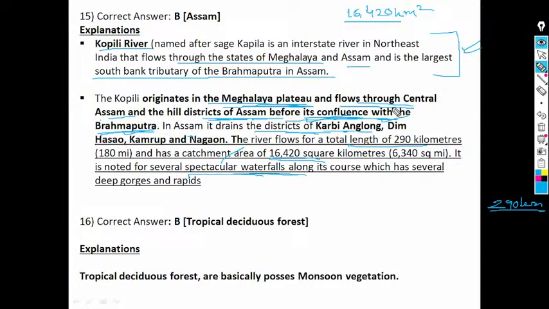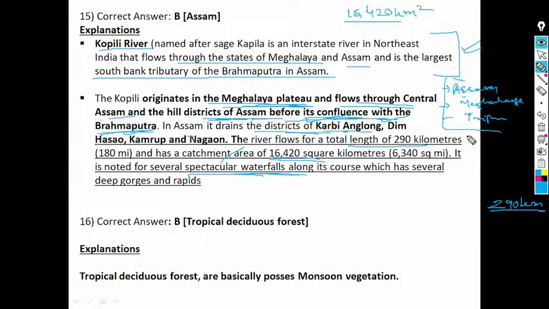Kapoli hydroelectric power project does not only give power production or electricity to Assam only. Apart from that, Kapoli also supplies electricity generation to Meghalaya, and also to the states of Tripura, particularly.